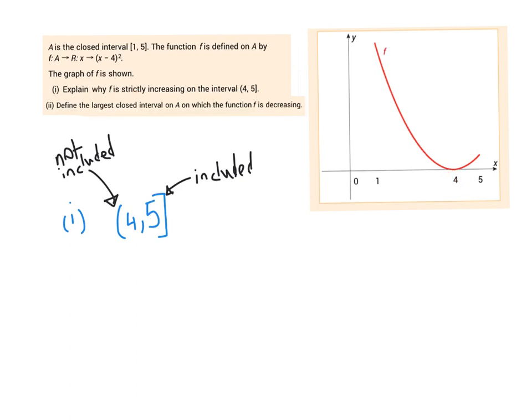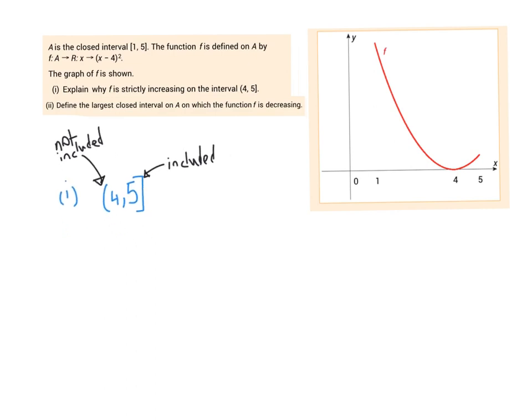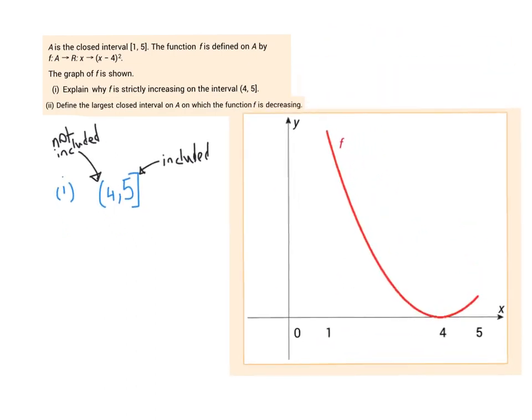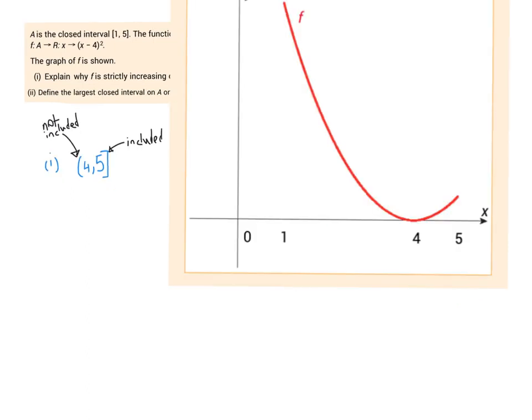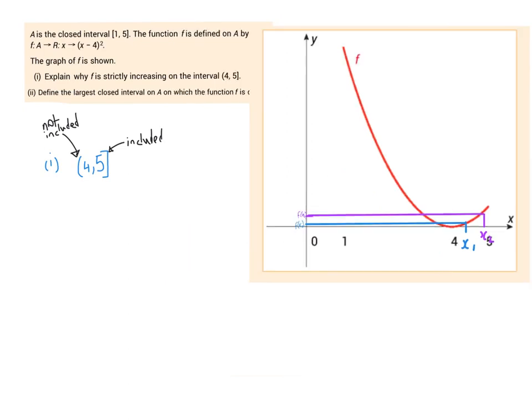So here it says explain why f is strictly increasing on the interval 4 to 5, where 4 is not included. So if we look here and draw in two x values, one which we call maybe x1 and another which we call x2, and I'll just draw that in a different colour. So here we have x2, and then we'll just look at their corresponding y values. The corresponding y values for x1 and x2, we'll call them f of x1, f of x2.